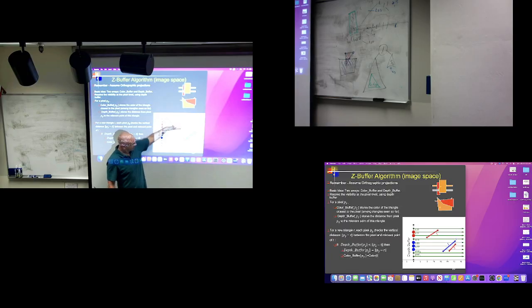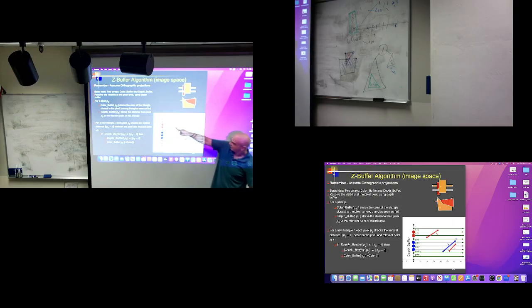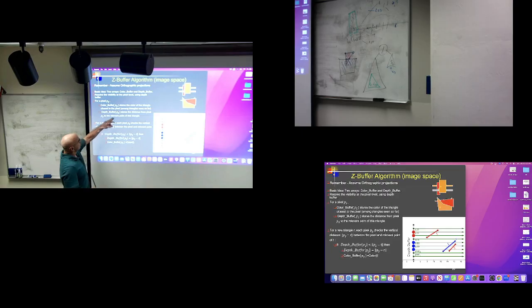And we'll only talk about orthographic projection, where all these rays are parallel. So the depth of a point is always this horizontal distance from the pixel up to this point. I don't really need to do ray tracing. The depth buffer stores the distance from the pixel Pij to the relevant point of the nearest triangle.